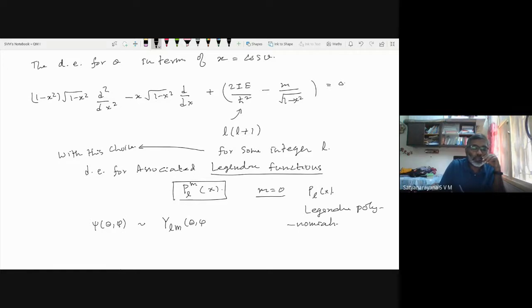The eigenfunctions of the rigid rotator or the particle on a spherical surface are basically spherical harmonics, which is a product of associated Legendre functions into e to the power im phi.